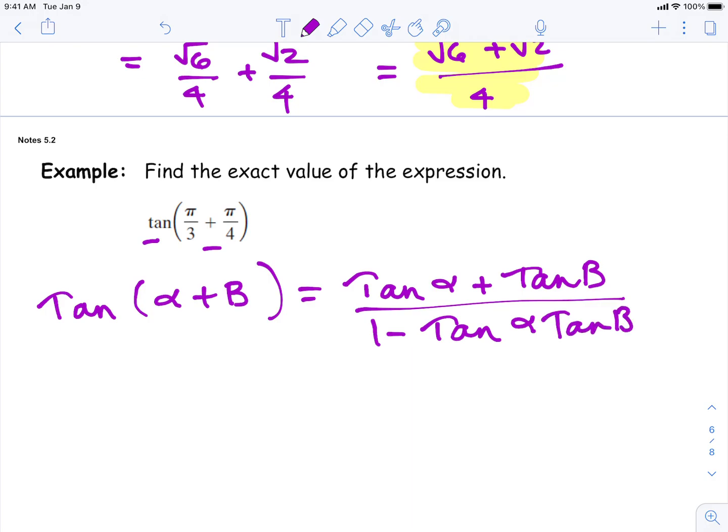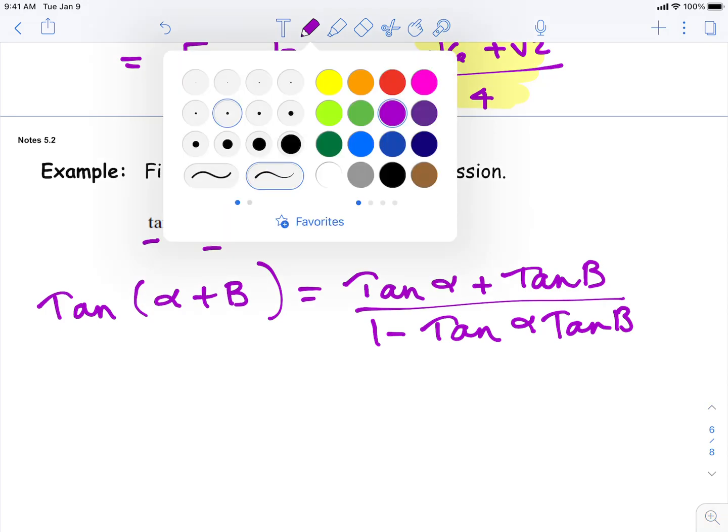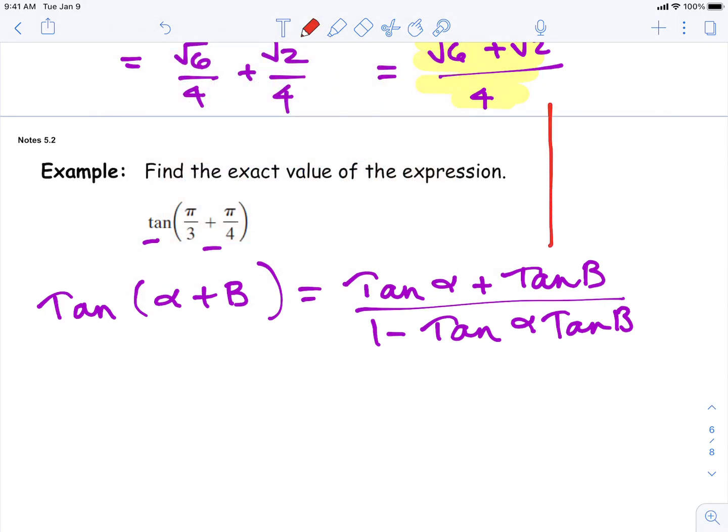Now we think about the unit circle. The unit circle has those ordered pairs, x and y, which represent the cosine and the sine. Well, we have to do a little bit of work to get the tangent.